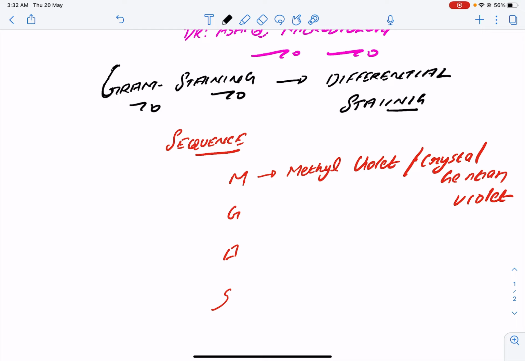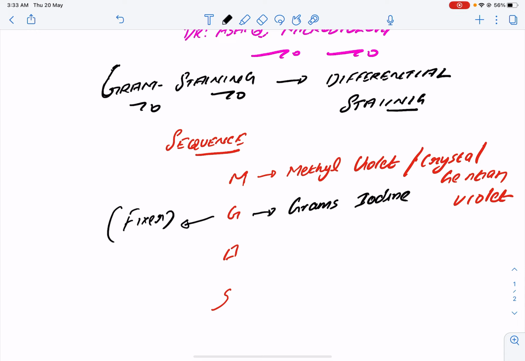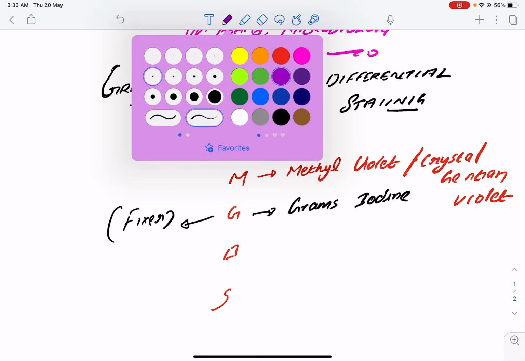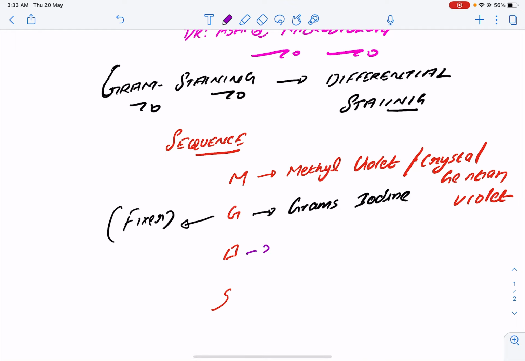In gram staining, G is for gram's iodine. That's also called the mordant or fixer. Then A is for acetone. As you already know, this is a decolorizer.